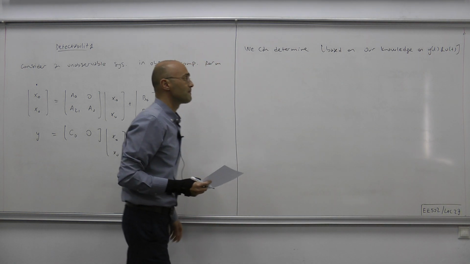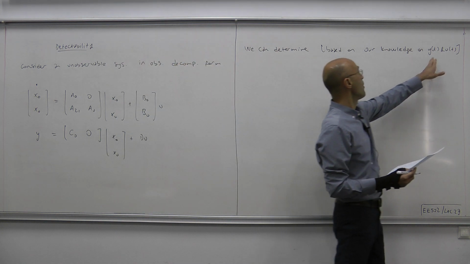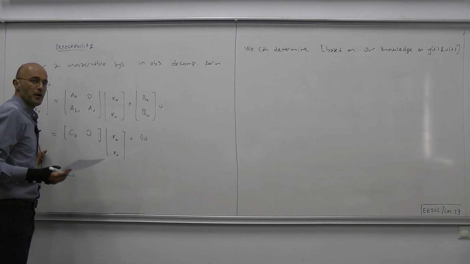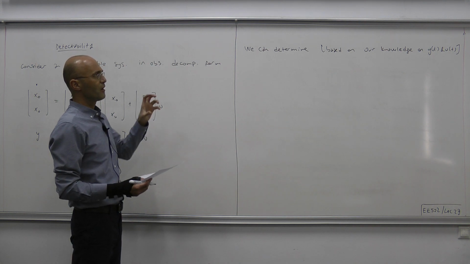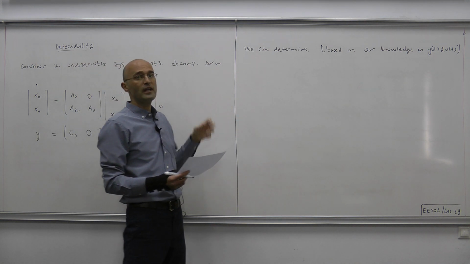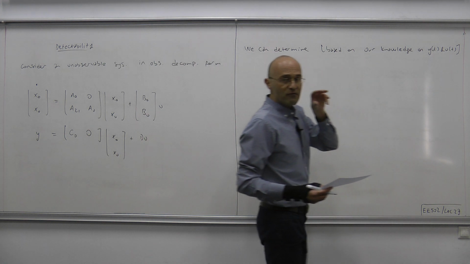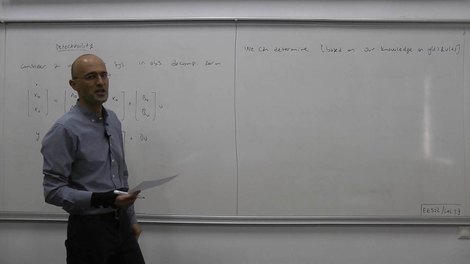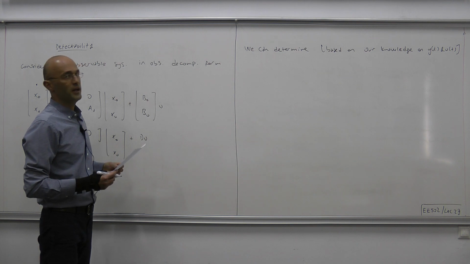So why is it reasonable that we assume we know y of t and u of t? Well, y of t corresponds, in general, to the measurements, therefore the data we collect from our sensors, and u of t represents the control input that we apply to our system. Since it's us who is applying that signal to the system, it's obvious that we know what it is.